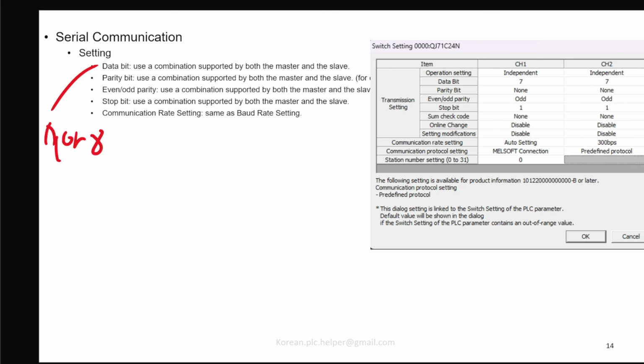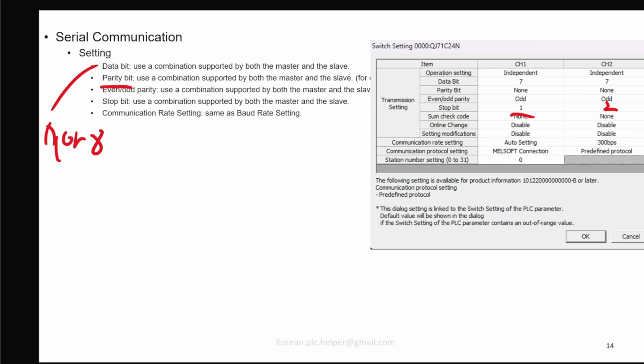Next, check whether the parity bit is enabled. If parity is enabled, check whether odd parity or even parity is selected. Finally, check whether 1 stop bit or 2 stop bits are configured. Stop bits 1 or 2.